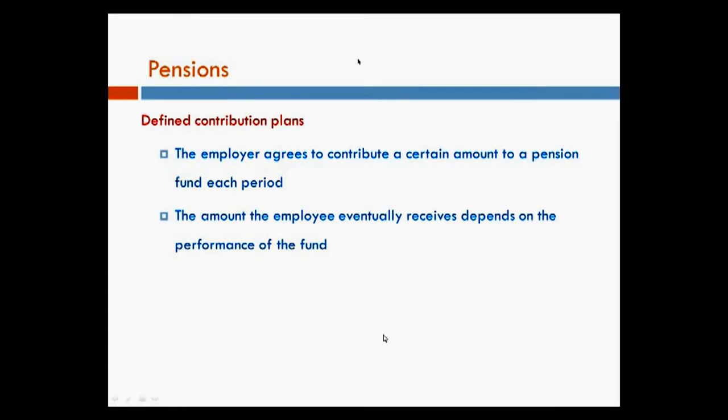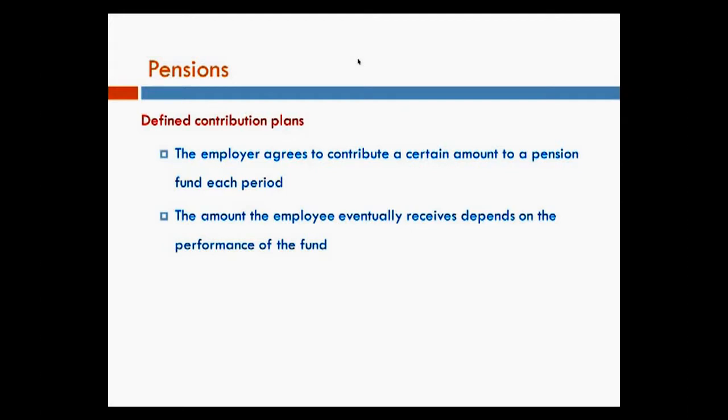There are two types of pension plans. A defined contribution plan, relatively easy to account for. These plans are such that the employer agrees to contribute a certain amount to a pension fund each period that you work.